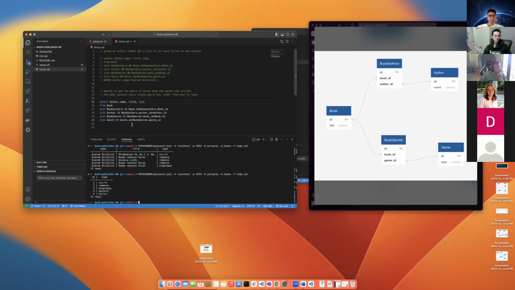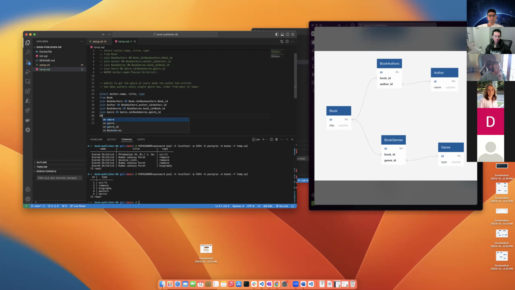At the bottom, we're going to group by type. Do you do genre? Well, you don't need to, yeah, type. I guess we don't have to say genre.type now. And then because we're selecting, we need to put a count there instead of author name and title. Count genre ID.